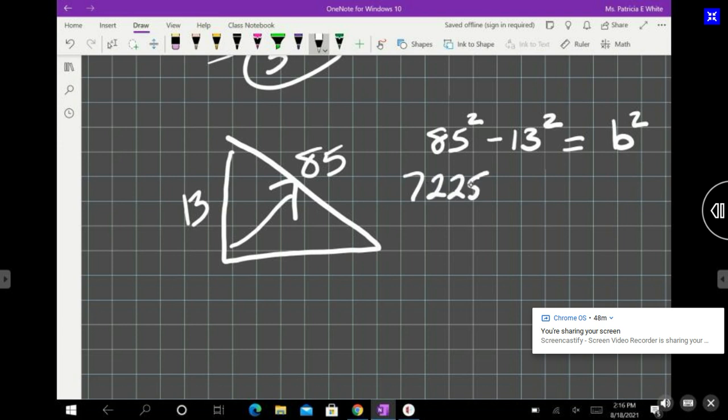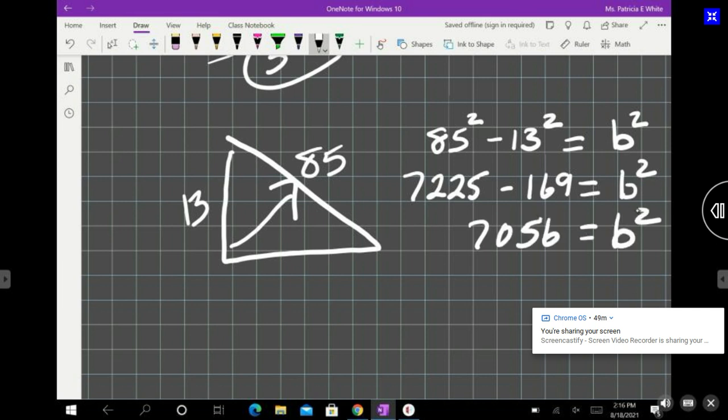Minus 169 equals A squared. And then you subtract. What do I get when I subtract? You get 7,056. Square root, it's 84. So 84 equals A.